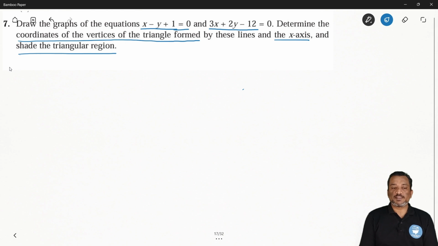Okay, so we will say here, first equation, x minus y plus 1 is equal to 0. This is your first equation.